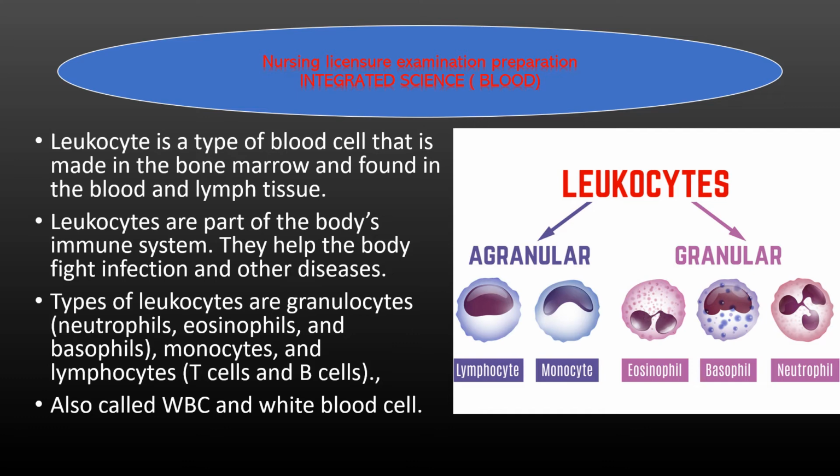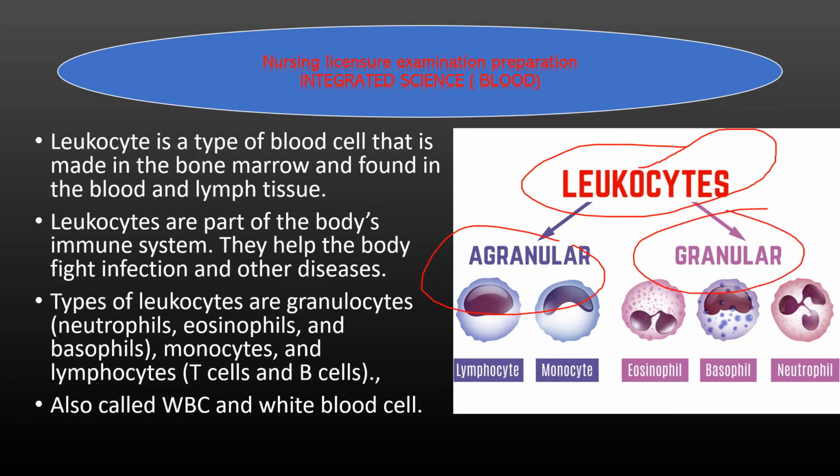Here you can see in the picture, leukocytes are divided into granular and agranular. Agranular means blood cells which do not contain any granules inside the cells. As you can see in the granular cells, there are granules present inside the cell.